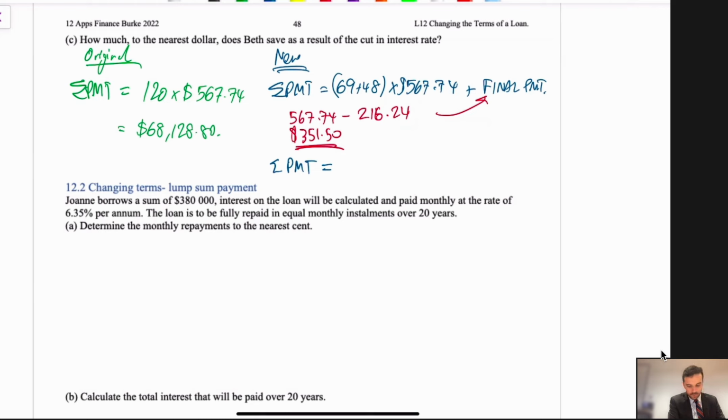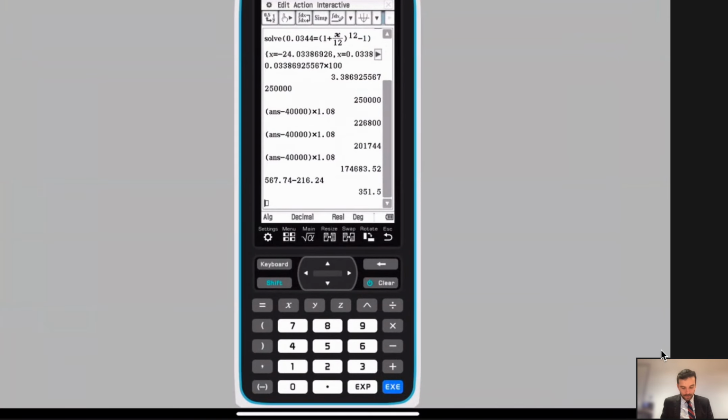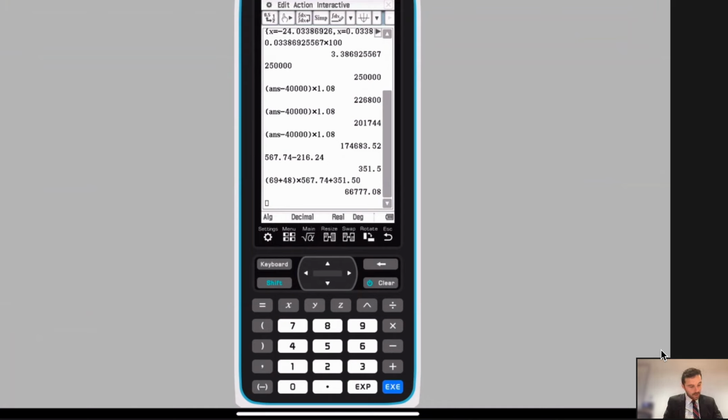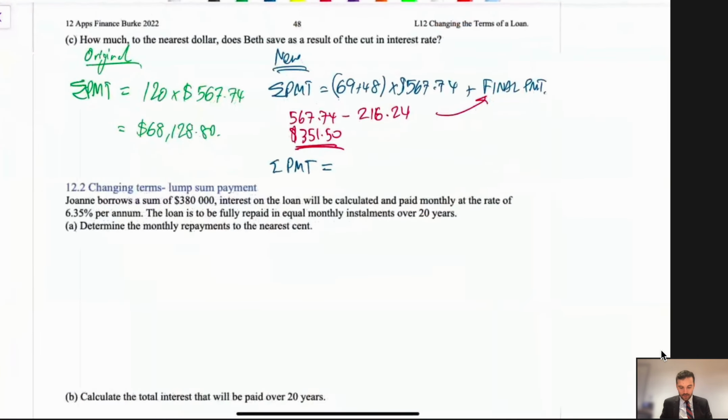So we've got 69 plus 48 lots of 567.74, and then plus 351.50. That gives 66777.08.